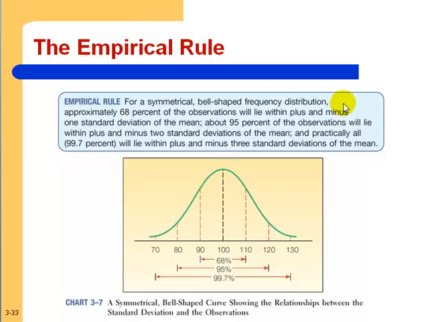For this kind of data distribution, about 68% of the observations will lie within plus and minus 1 standard deviation of the mean. About 95% of the observations will lie within plus and minus 2 standard deviations of the mean. Practically all will lie within plus and minus 3 standard deviations of the mean.